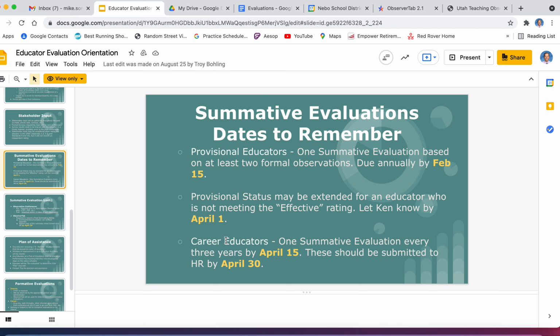Career educator, so if you're over 3 years, you have 1 summative evaluation every 3 years. So if you're on that left-hand column, that's you. That's due by April 15th, and those should be submitted to HR by April 30th. So you're going to get a summative evaluation. You only get 1 formal observation, whereas the provisionals get 2.